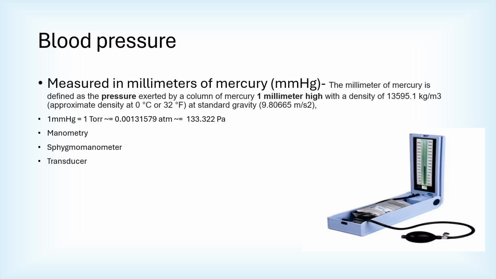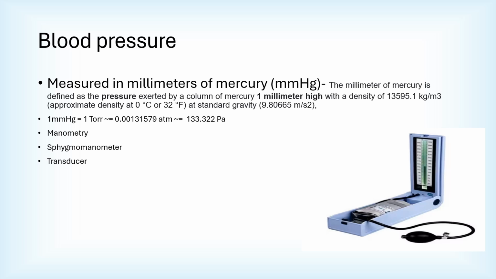Pressure, from a physics perspective, is typically thought of as a force exhibited over an area. The SI unit for pressure is a Pascal, or 1 Newton per meter squared. However, traditionally in medicine, blood pressure has been measured in millimeters of mercury.